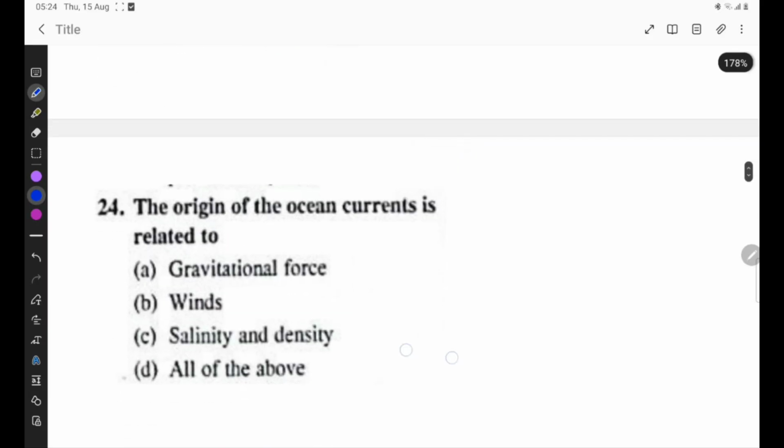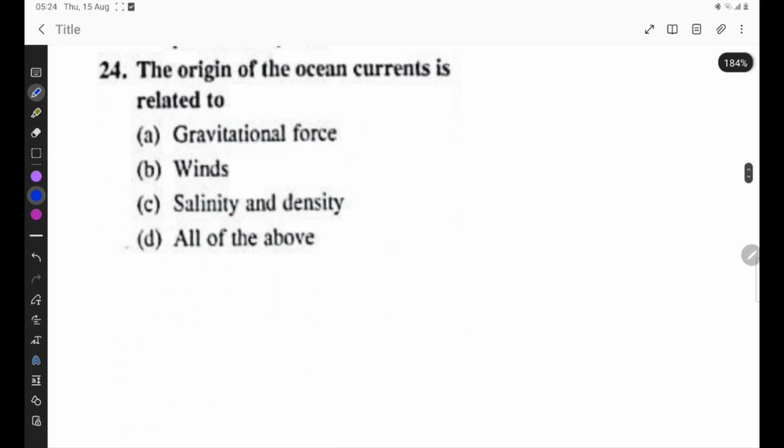The origin of the ocean current is related to gravitational force, winds, salinity and density, or all of the above. Origin of ocean currents. See, gravitational force is responsible for the movement of water masses or ocean currents.